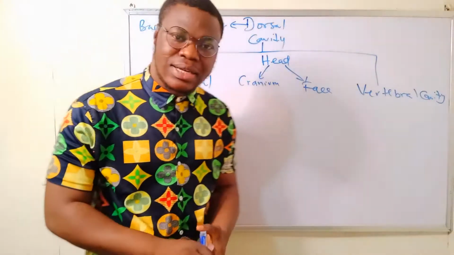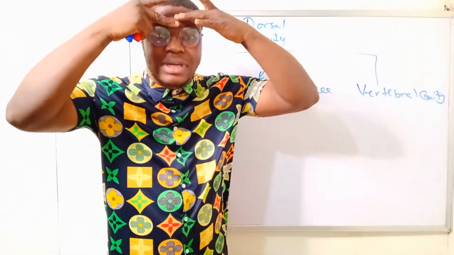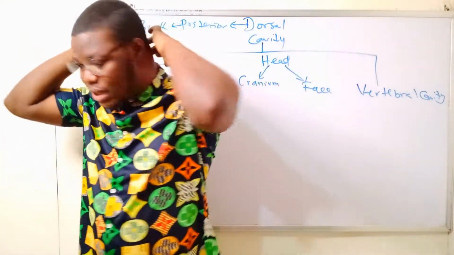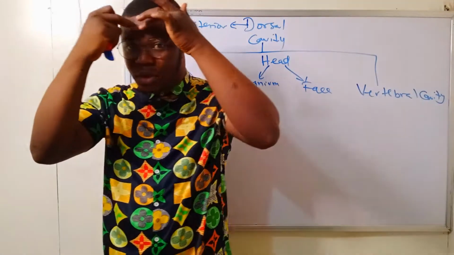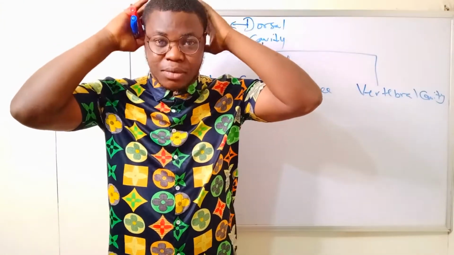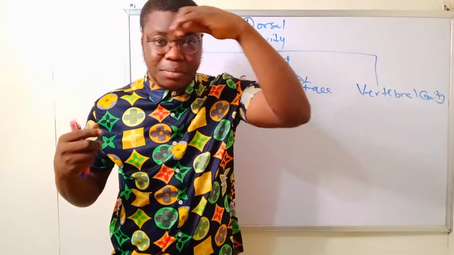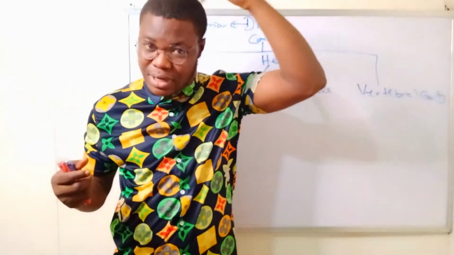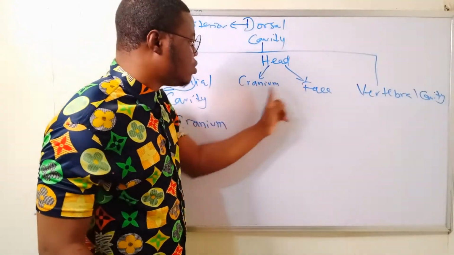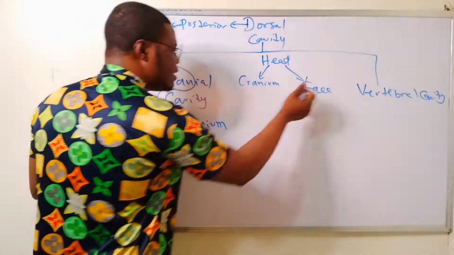The cranium is right from here to the nape of the neck. That is where you wear your cap, so that is your cranium. But this place is the face. So the cranium is from here to this junction, and then here will be the face. That's how we said the head is divided into two parts, the cranium and the face.